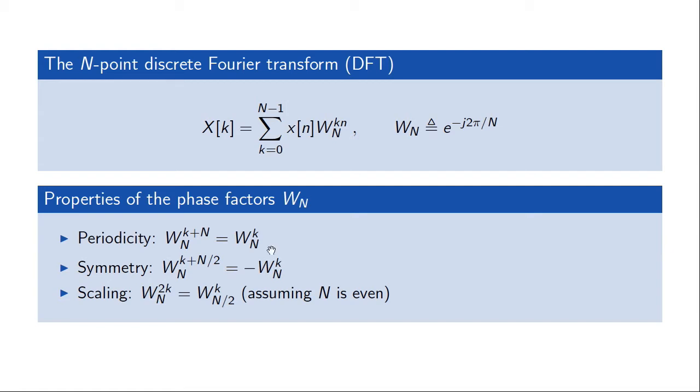A similar property is a symmetry property: if we don't add capital N, but instead add N over 2 to the power of the coefficient, what we obtain is the negative value of the coefficient at this power k. There is a third scaling property which says that if we take this W of N coefficient to the power of 2k, that's equivalent to taking the N over 2th coefficient, W of N over 2, and raising it to the power k. All of these properties are easily verified by just considering the definition of these W of N coefficients.